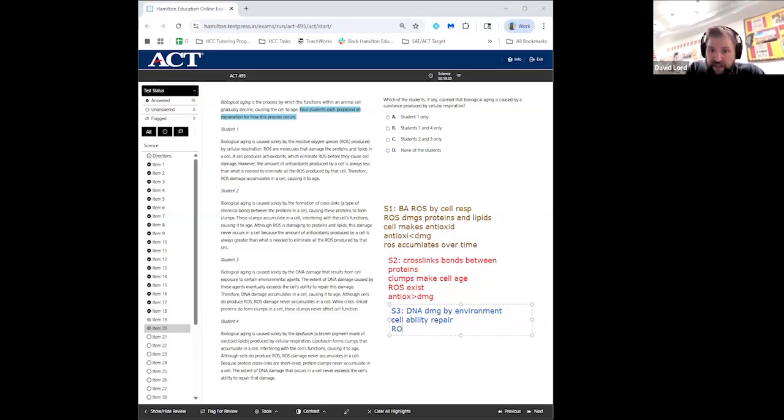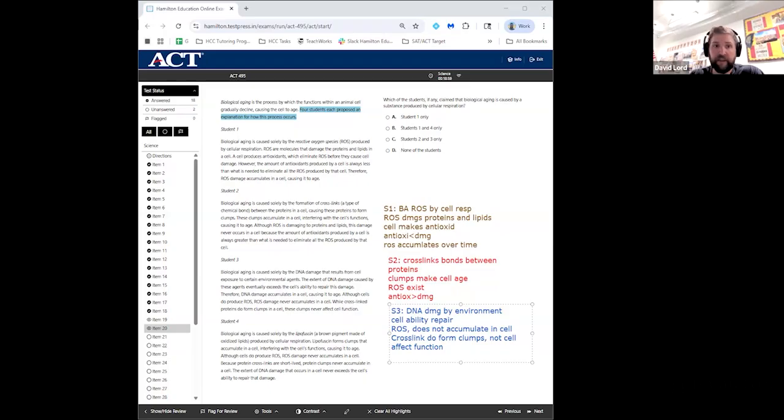Again, ROS does occur. It does not accumulate in the cell. And then it does say cross-link does occur. They do form clumps, but it does not affect cell function. So again, mentioning the same thing that scientists 1 and 2 did.